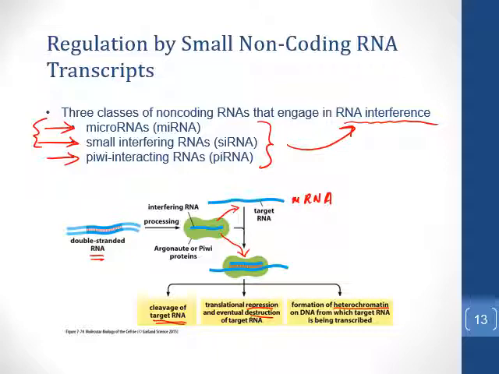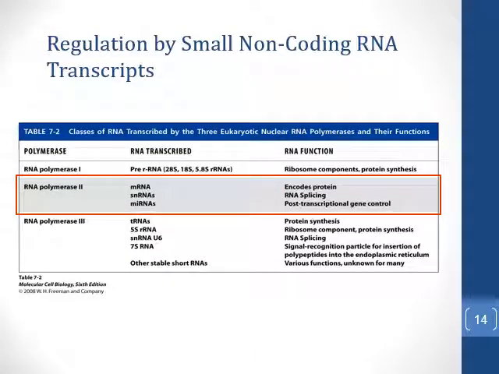So let's look in a little bit more detail at how these work. The first thing we need to notice is that some of these, like the microRNA, are actually encoded by genes that are transcribed by RNA polymerase II.